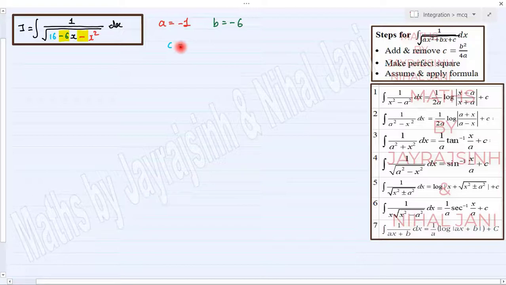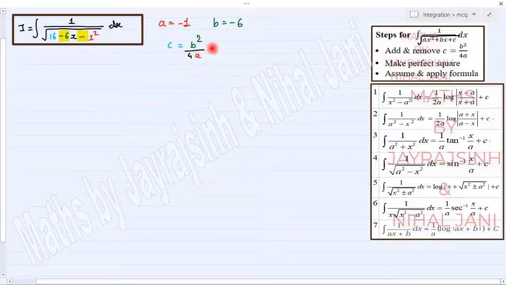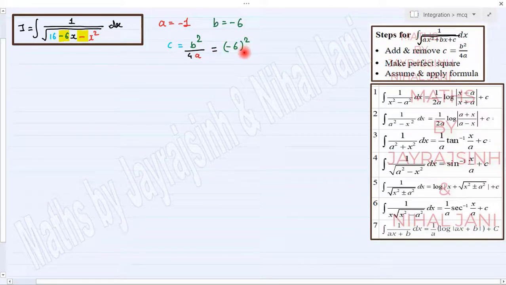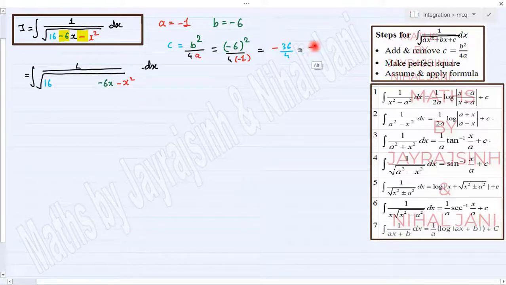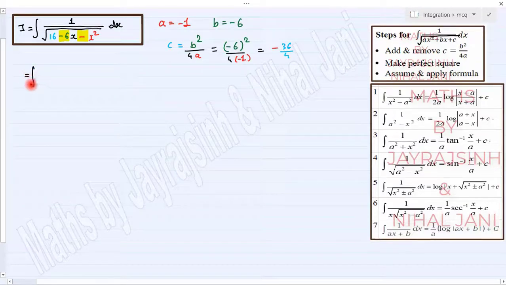We can get the last term using b square upon 4a to get the perfect square, where b is minus 6 and a is minus 1. So we will get minus 36 by 4, which is minus 9, as your required last term.